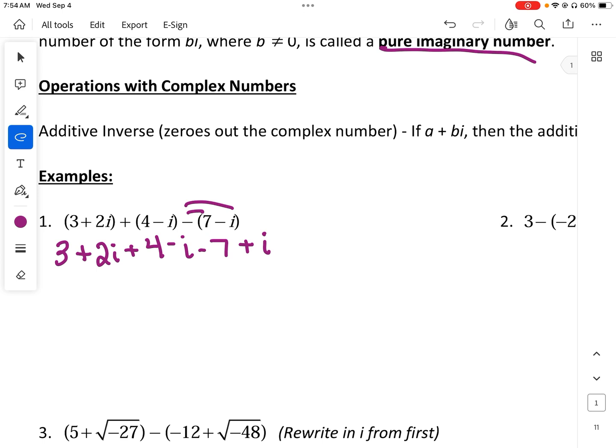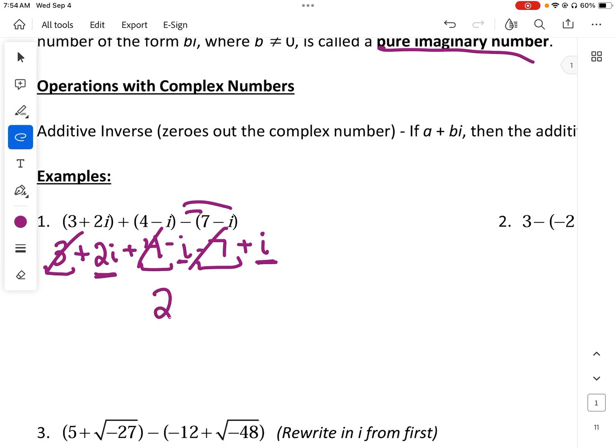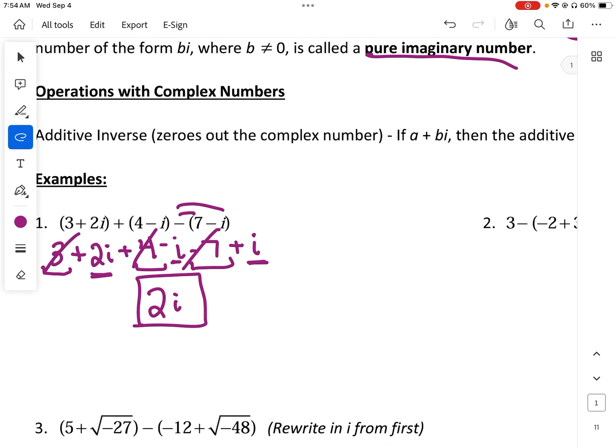What I mean by that is you do your real part and then your imaginary part separately. So 3 plus 4 is 7, minus 7 is 0. Those cancel out because they equal 0. Now I'm going to combine the i's. I have 2i minus i, that's 1i, plus 1i is 2i.